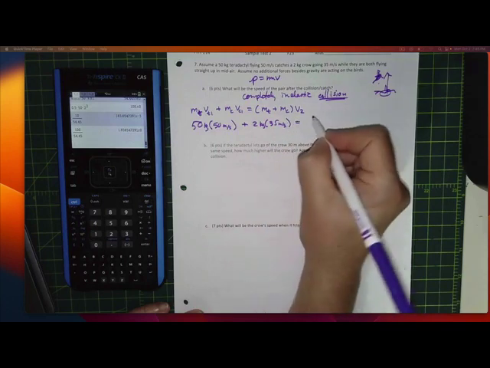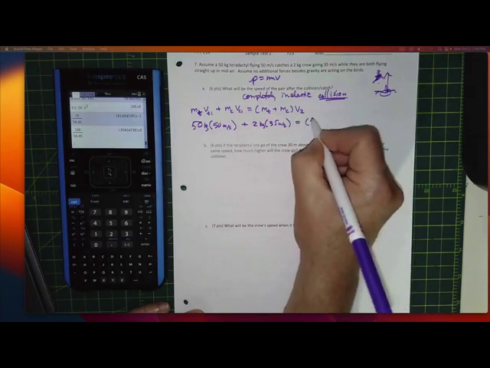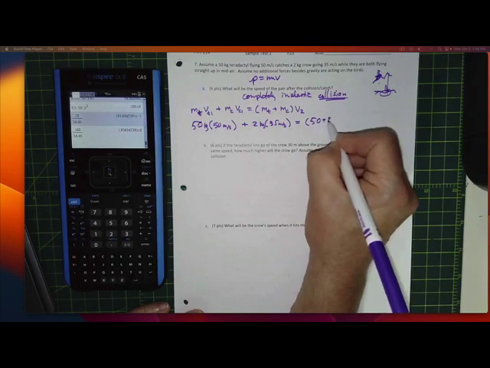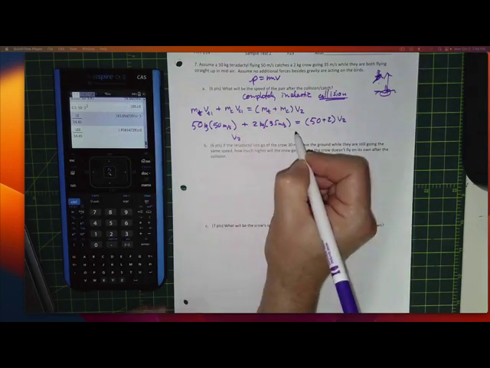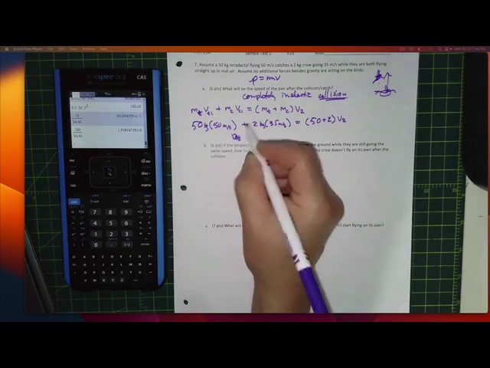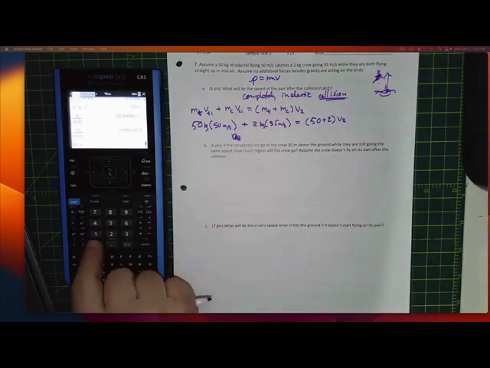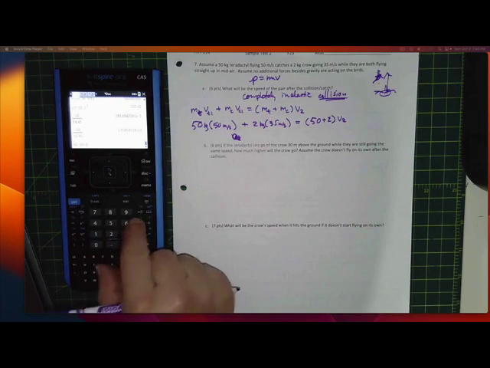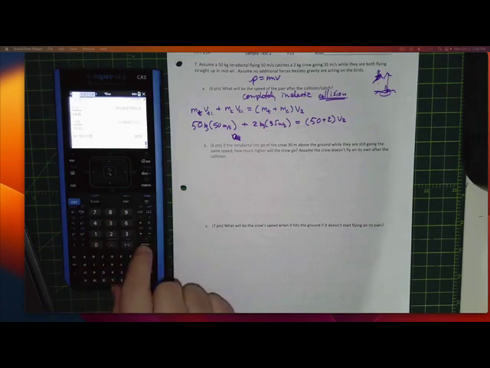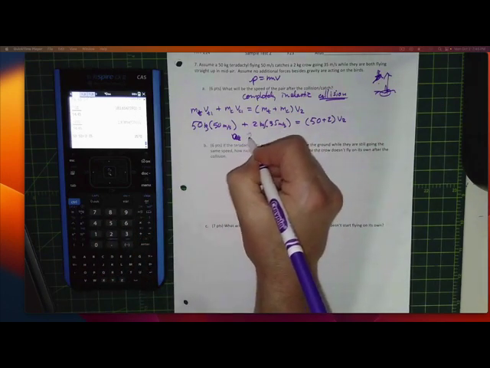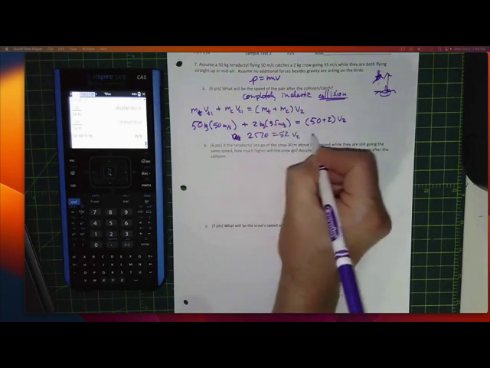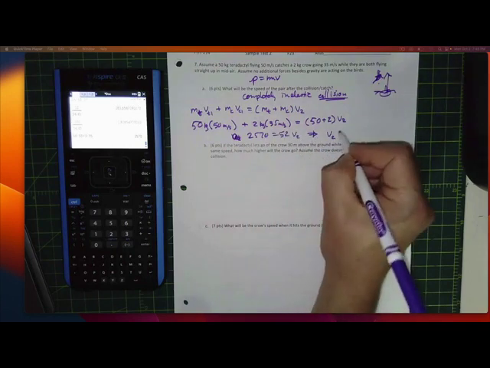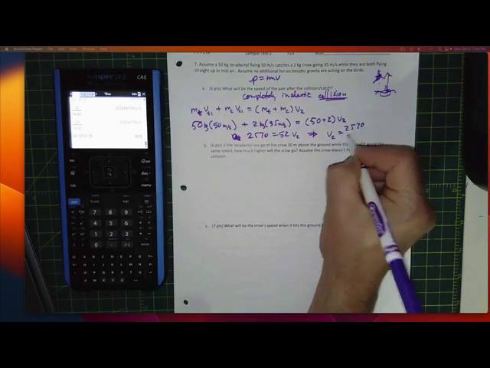That is going to be equal to the two added together, 50 plus 2, times V2. So let's just calculate this, 50 times 50 plus 2 times 35. 2570 equals 52 V2. So V2 is 2570 over 52.